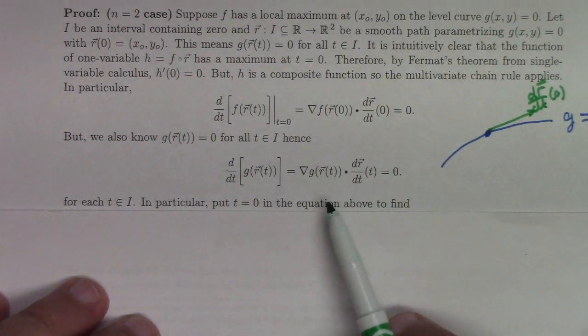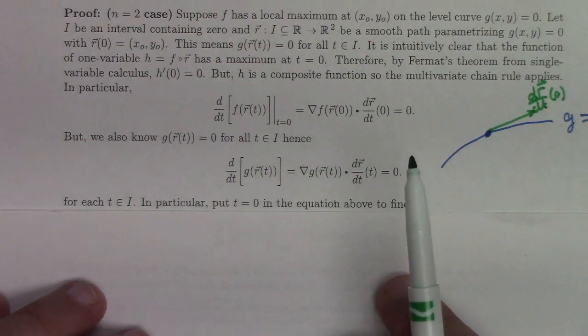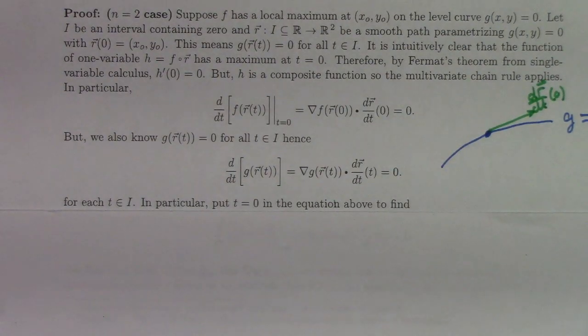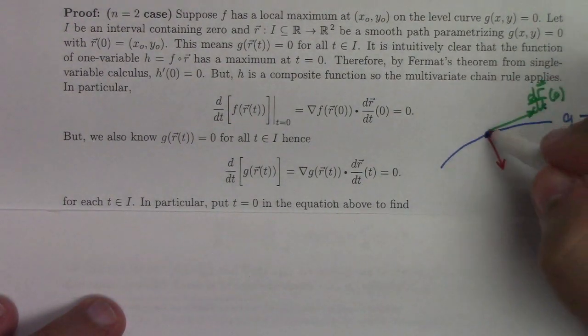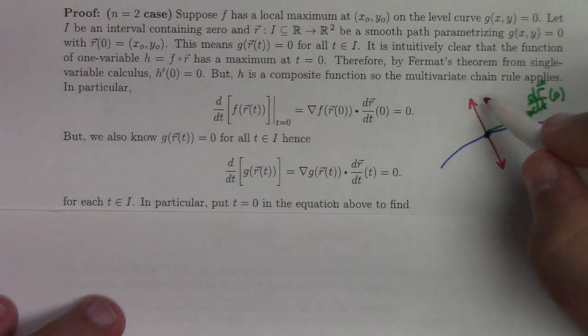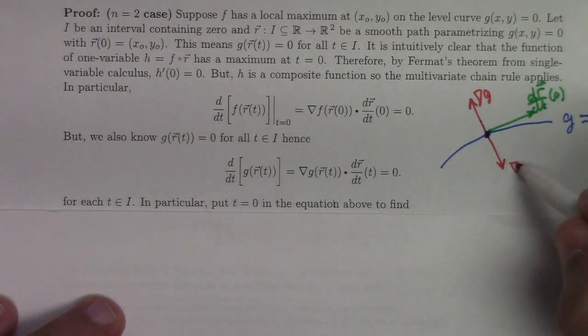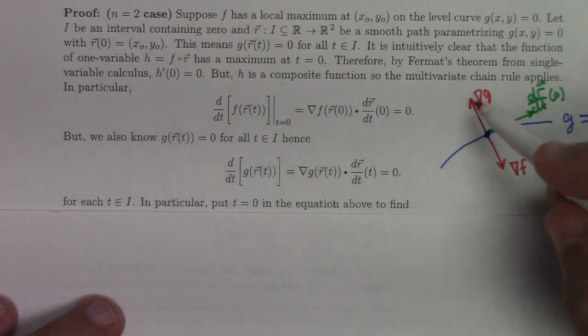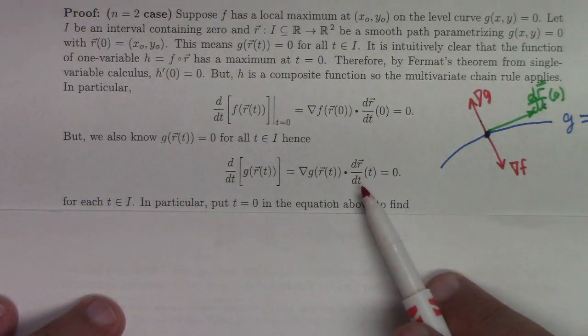The gradient of f and the gradient of g are both perpendicular to it. So the gradient of f has to point one way or the other. Maybe this is the gradient of g, maybe this is the gradient of f, I wouldn't know without more details. But the point is they have to be collinear because they're both perpendicular to the velocity.